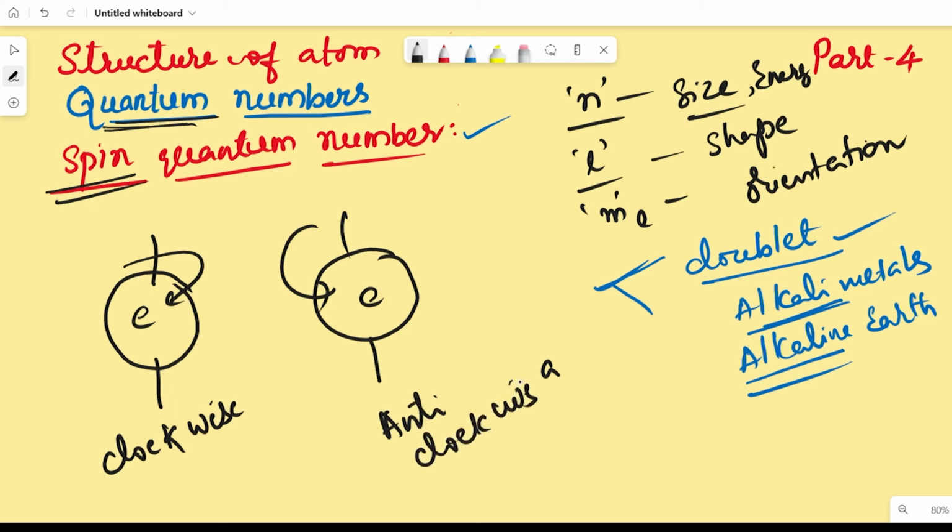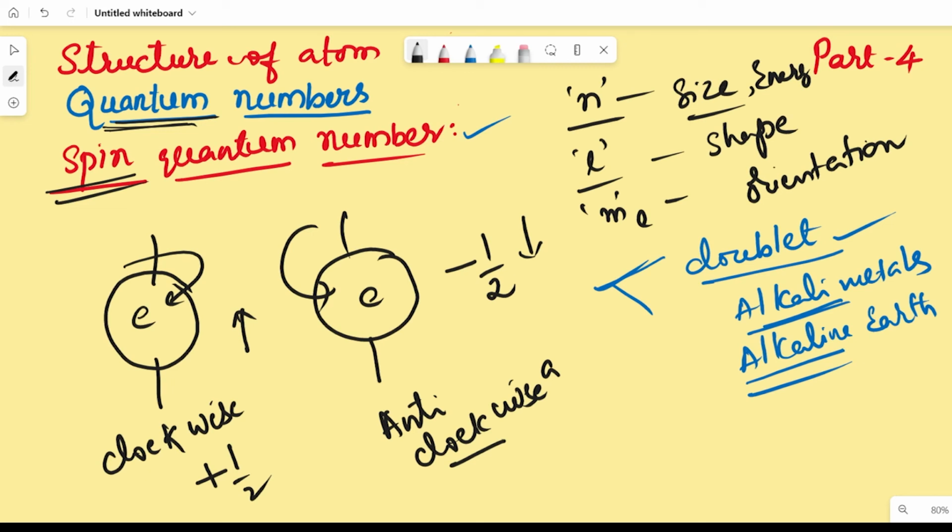Is it okay? Clockwise means it is shown as an upward arrow and it has the positive value plus half. Its value is plus half. And in anti-clockwise, it is shown as a downward arrow with minus half, which means the spin quantum number indicates that for every electron there are two possible orientations of spin.